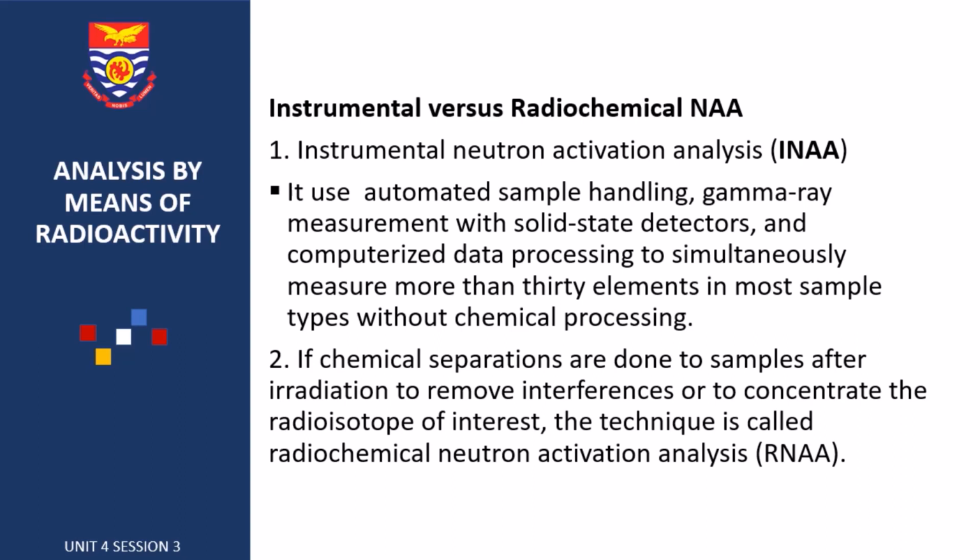In the INAA, automated sample handling, gamma ray measurements with solid state detectors, and computerized data processing are utilized to simultaneously measure more than 30 elements in most sample types without any chemical processing.